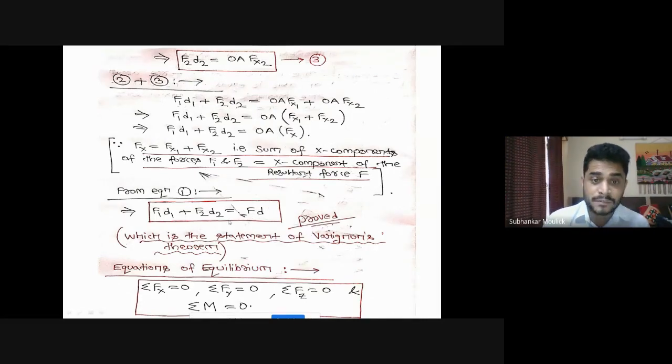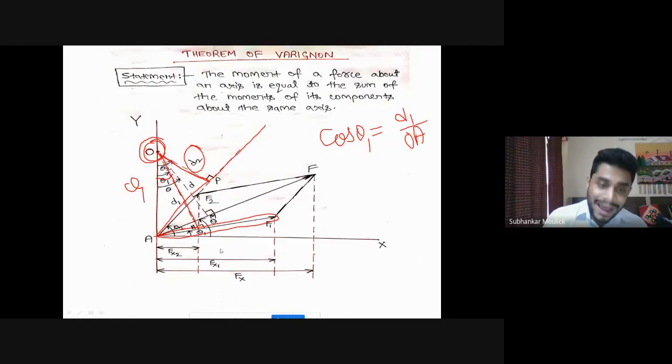This is the statement of Varignon's theorem: the moment of the resultant force is equal to the summation of the moments of its individual components. Hence proved.